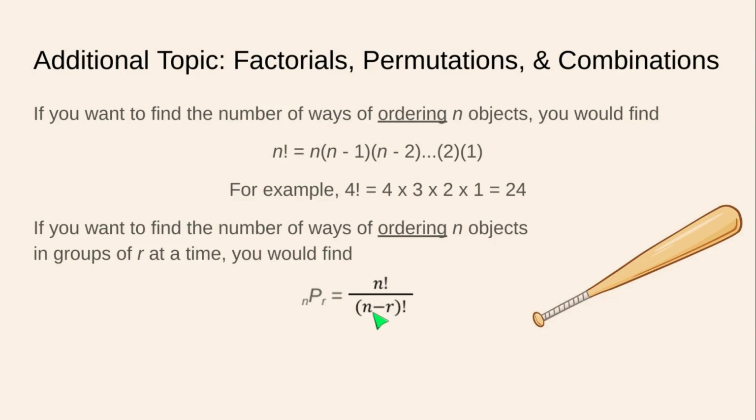Now, why this denominator? Well, if we want to count the number of ways of ordering objects, all of them, that would be n factorial. But I don't care about the n minus r number of objects. I care about the order of the r objects I'm considering at a time. So the other objects, which would be n minus the r objects I care about, I don't care about the order of those objects.